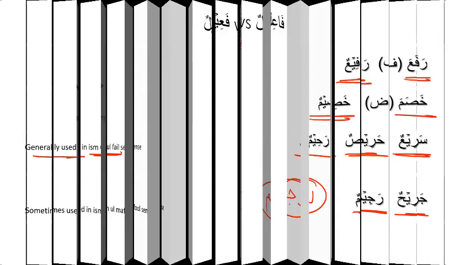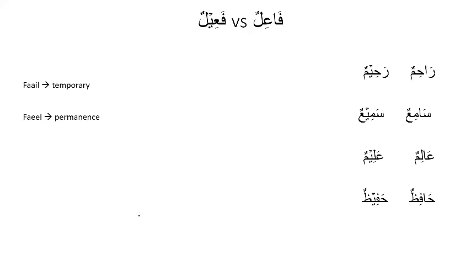So then a question might come up: what is the difference between fa'il and fa'il? Because if our root word is mim, rahama, the verb is to be merciful, the standard ismul fa'il out of rahama would be rahimun.